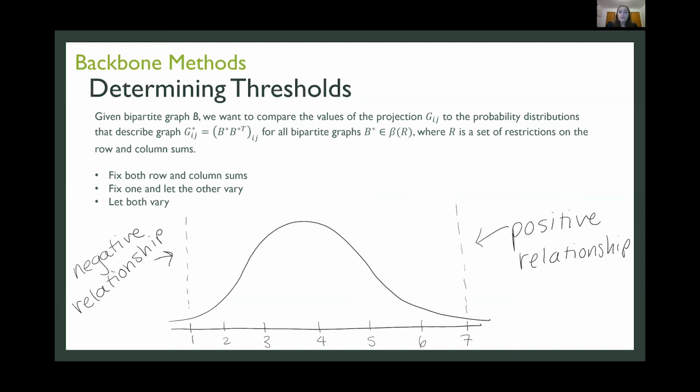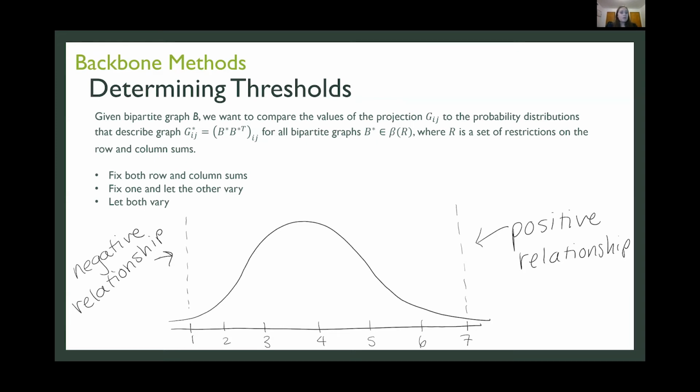We want to compare those edge weights, Gij, to probability distributions that describe the graph Gij star, which is created from the projection of a random bipartite graph under a set of restrictions. So maybe we look at all random bipartite graphs where we've fixed the row and column sums to be equal to that of the row and column sums in our original graph.